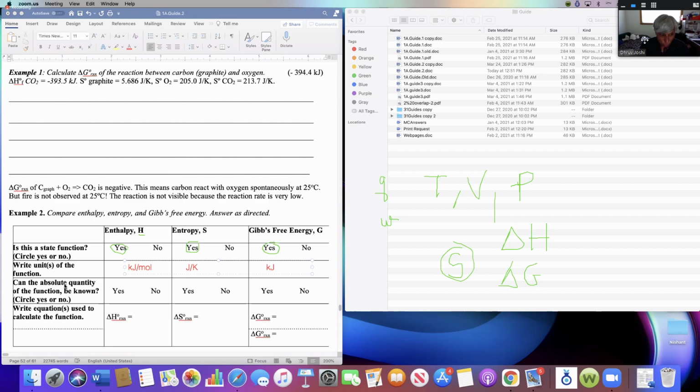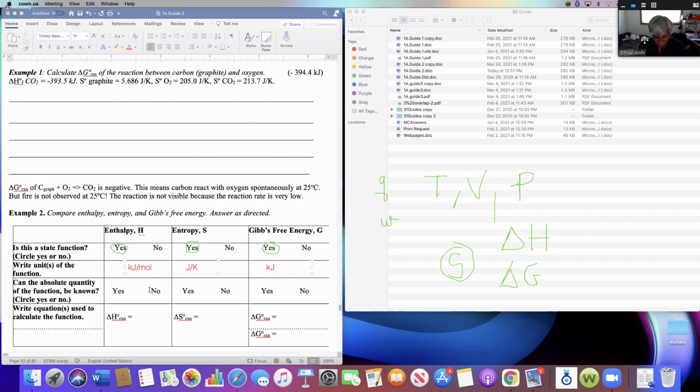Can the absolute quantity of the function be known? Let's see, Alexander, can we know the absolute quantity of enthalpy? Or can we only know delta? Change in enthalpy we can know.